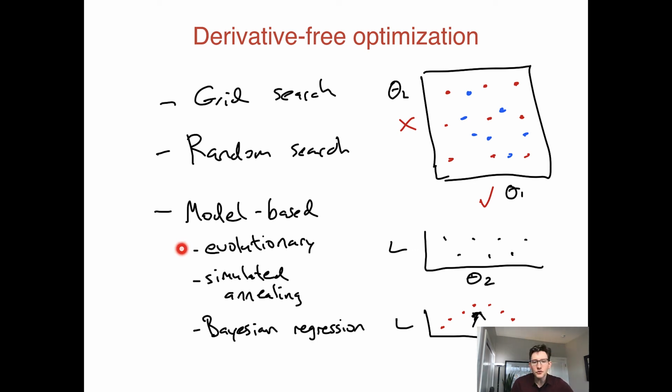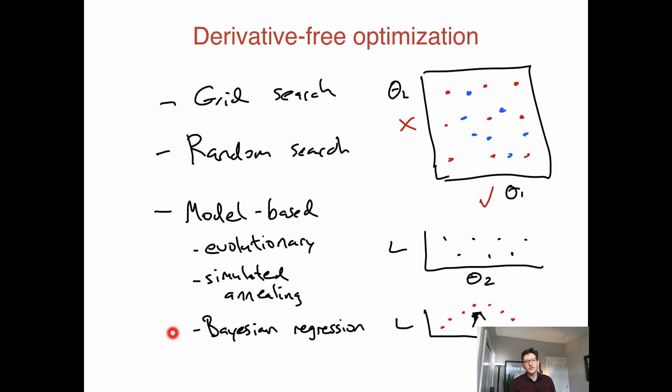They include evolutionary algorithms that aim to mimic how evolution works in biology. That is, they have some set of models and they take the best ones, maybe find some way to mix them together, and then try those other models and do that across many iterations. Another very widely used one is called simulated annealing. We're not going to talk about that.